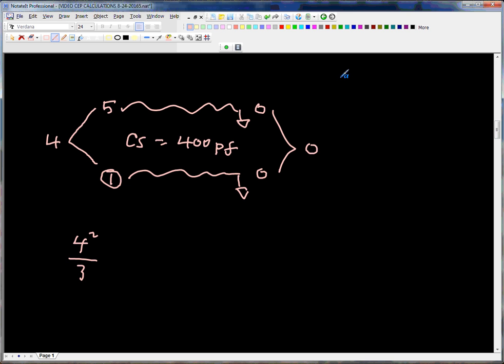I picked that because that's a rather common value in high voltage transformers. Somewhere between 75 and 500 puffs is fairly common. Otherwise it doesn't mean anything, it's just a number in our equations. So that number times 400 equals CEP.